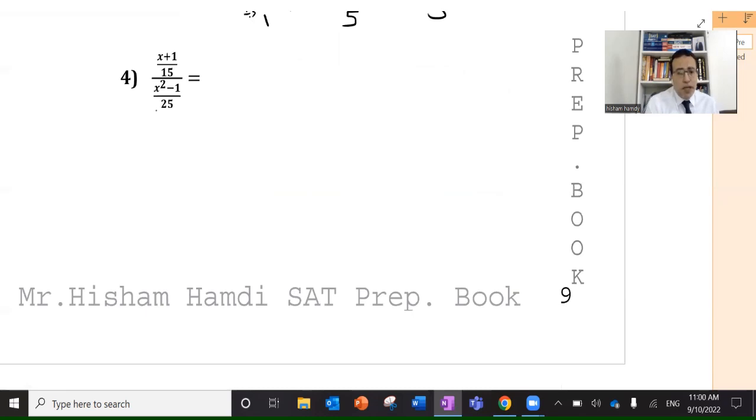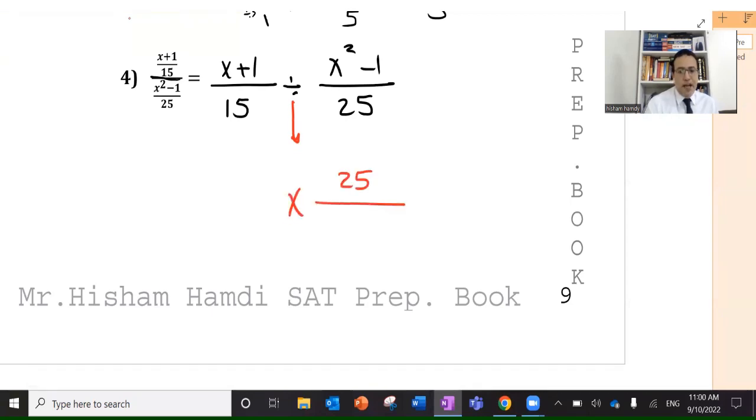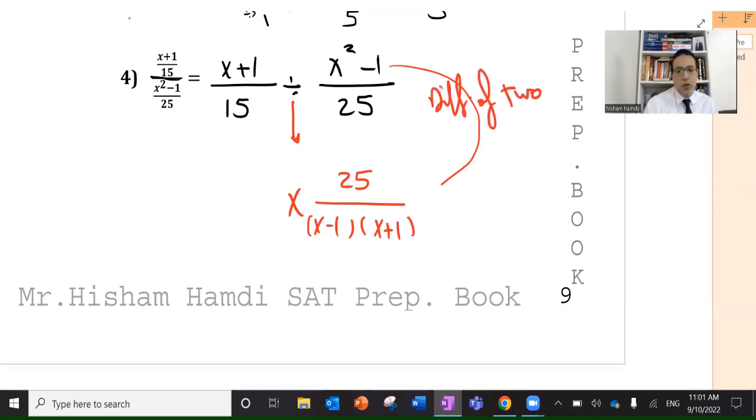Question number 4, I can rewrite it as x plus 1 over 15 divided by x squared minus 1 over 25. Then change this sign into multiplication, flip the fraction, and after flipping, I'm going to write x squared minus 1 as x minus 1 times x plus 1, the difference of two squares.